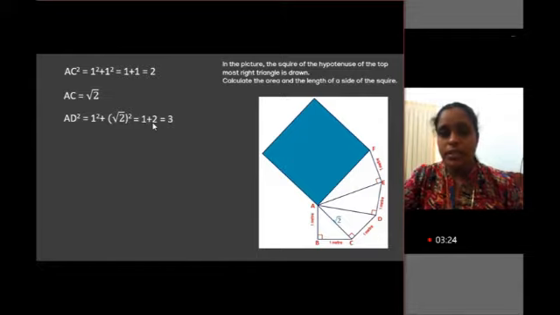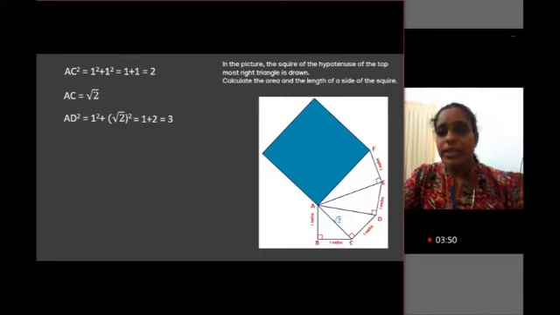Note the point about a root and its square. For example, if we take root 4 whole square, what is the answer? Root 4 is 2 and 2 square, we get 4.